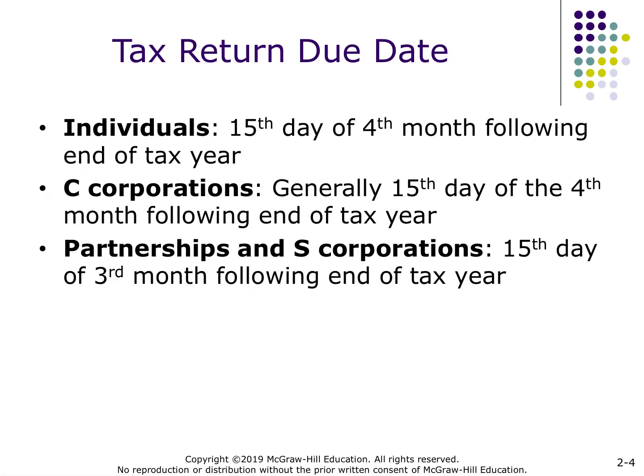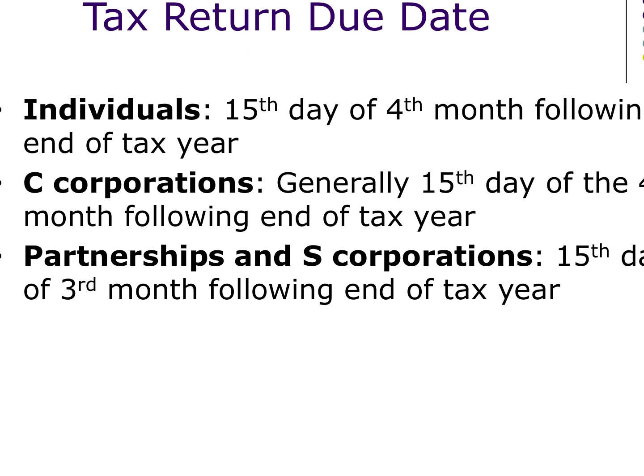All right, as you are aware, we have a tax return due date, right? And there are different due dates depending on what type of entity you are, okay? So individuals, the 15th day of the fourth month following the end of the tax year. Now, typically, what does that mean?